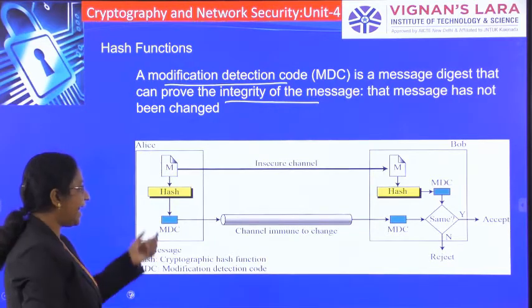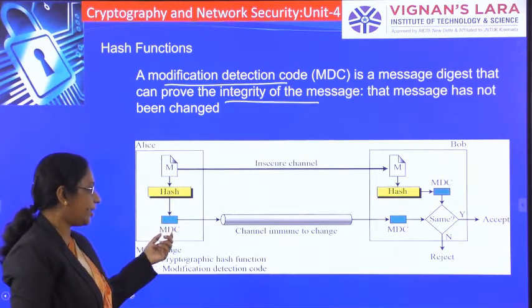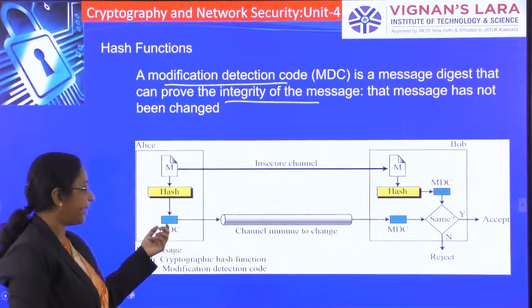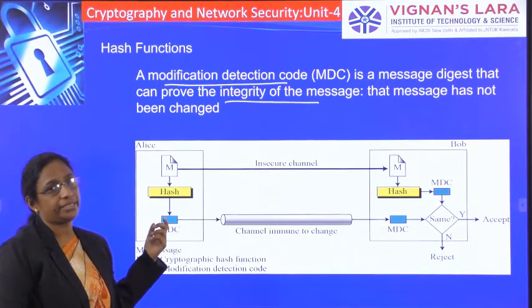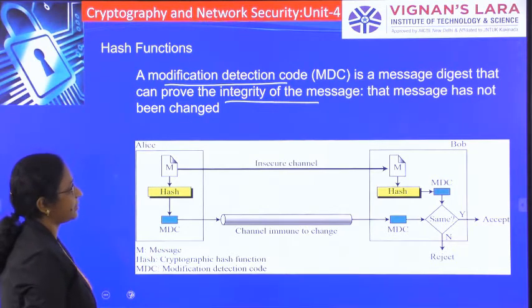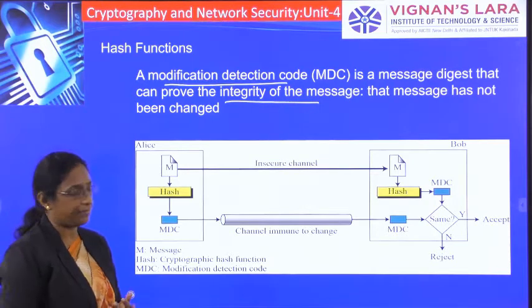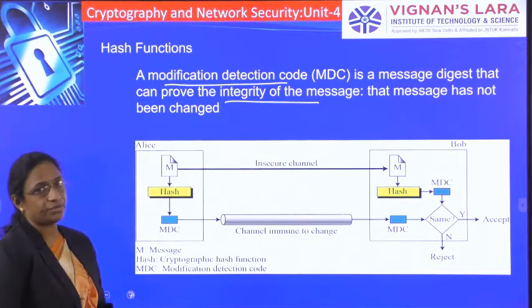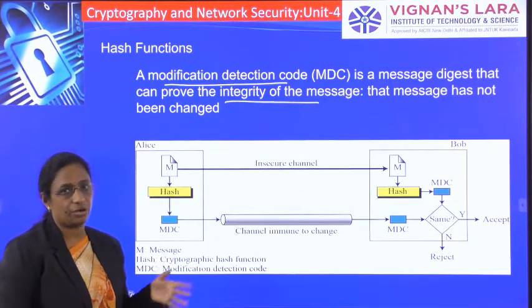When you apply the hash function on a message, it generates a modification detection code. By using this modification detection code, we can check the integrity of the message. Here, the hash function generates a modification detection code, which is nothing but a message digest that can prove the integrity of the message. Integrity of the message means whether the message has been changed or not.